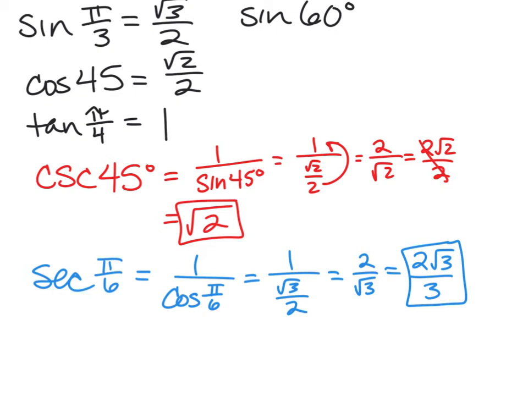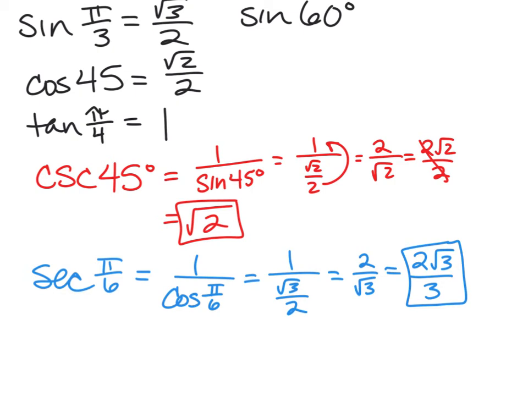And if you don't remember just to use the reciprocal of sine of 45, here's the math that gets us there. If you divide a fraction in your denominator, you take the denominator of the denominator and bring it up to the numerator. That is fraction division rules, which I can show you if you want to see more. And then rationalize your denominator. Bing, bang, boom, we get square root of 2.